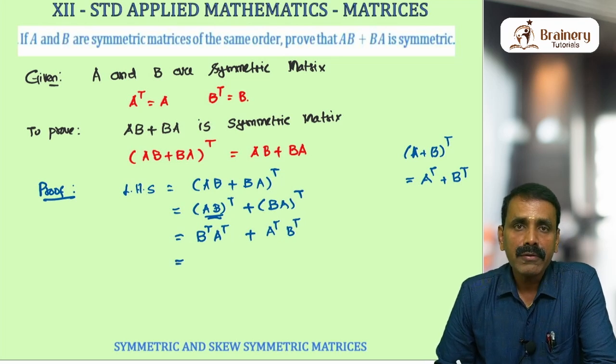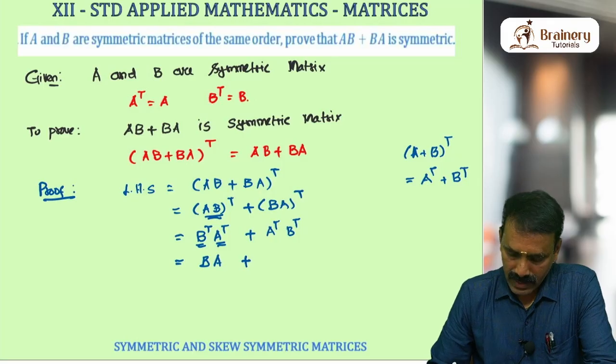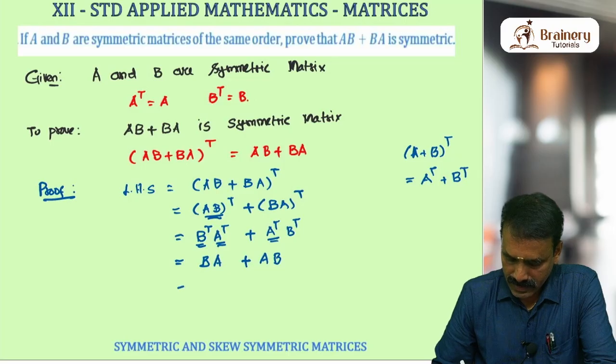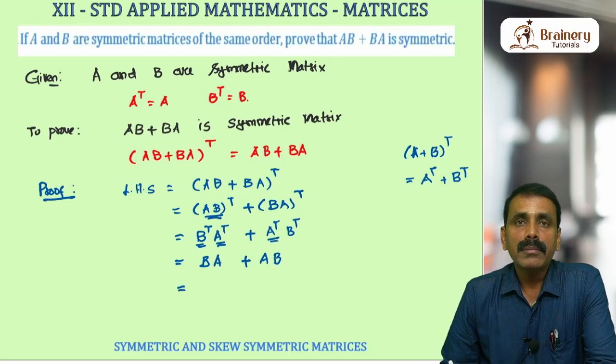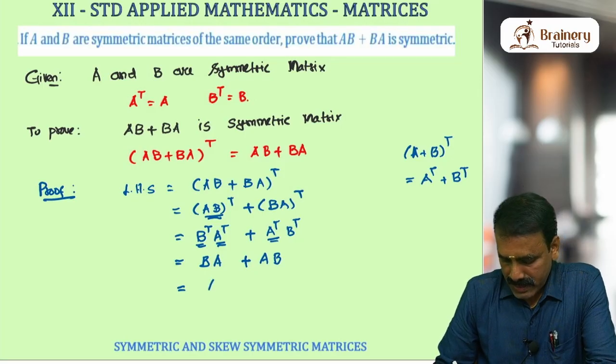Using the properties of symmetric matrices, B transpose is B, A transpose is A, plus A transpose is A and B transpose is B. Now matrix addition is commutative, so we can rewrite this as AB plus BA, which is nothing but your RHS.